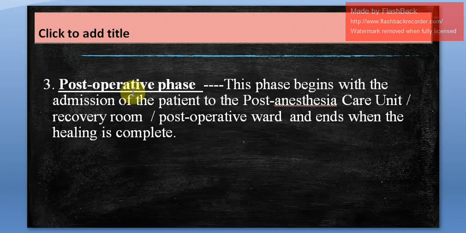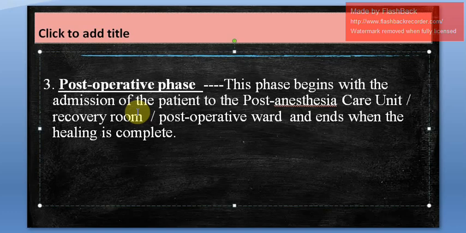Next phase, that is the last phase, is the postoperative phase. We are dealing with all these three phases in detail. Postoperative phase means it is a time period when the patient is shifted to the recovery room. The recovery room is also called the postoperative ward, or sometimes the post anesthesia care unit, that is PACU.